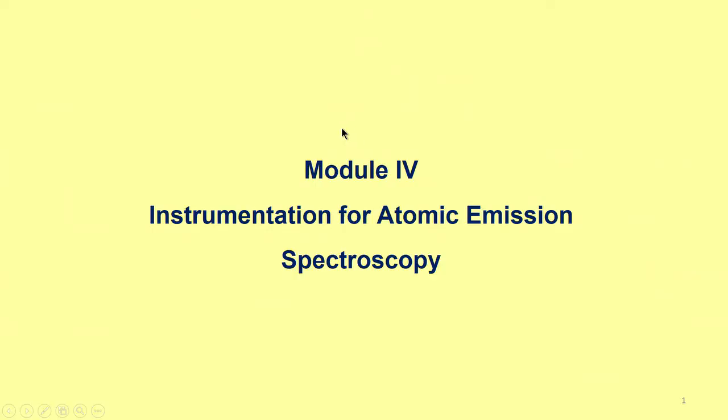So, now I am going to talk about the specific instrumentation for atomic emission spectroscopy, that is in module 4. Okay, we are going to start. This also contains a number of slides. I beg your patience with respect to the number, but I think most of them are essential for our understanding of ICP.